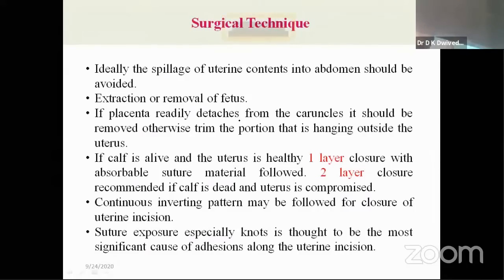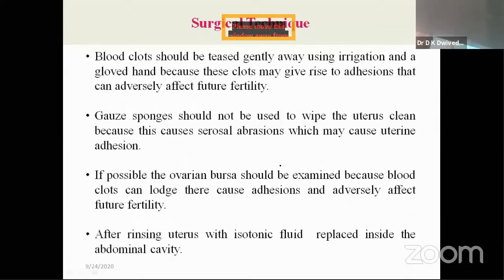And if there is severe adhesion formation, that may compromise the future reproductive efficiency of the animal. So, my dear friends, during the repair of this uterus, you must take care to invert all the sutures, especially the suture knots, okay, for the effective closure of the uterine incision.